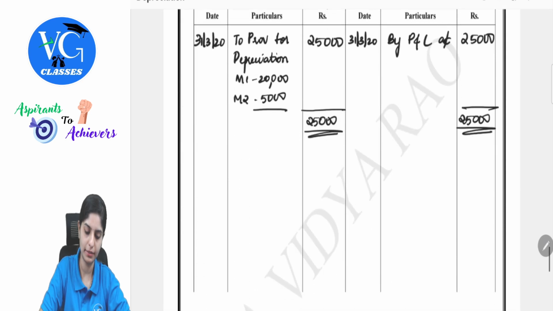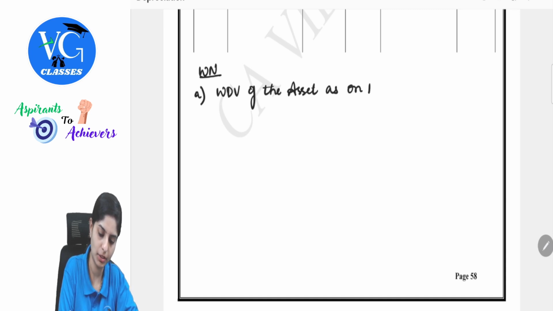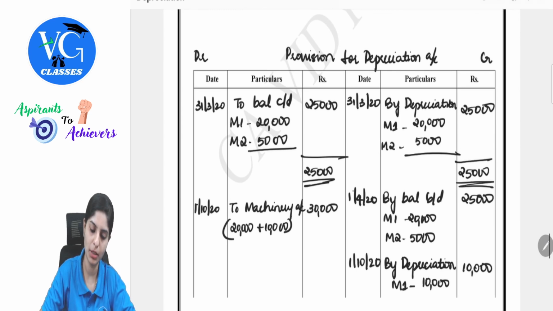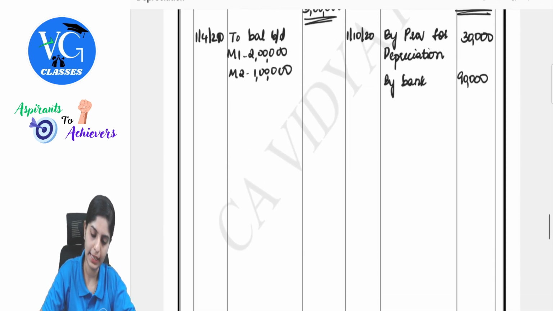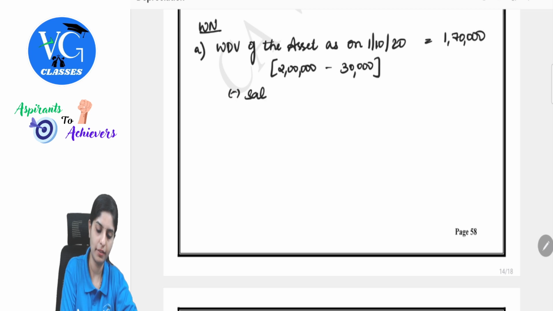So if we calculate WDV of the asset as on 1st October 2020, it was how much? 2 lakh minus 30,000. That is total depreciation charged till here. This is 1,70,000. Sale value of the asset is 90,000.